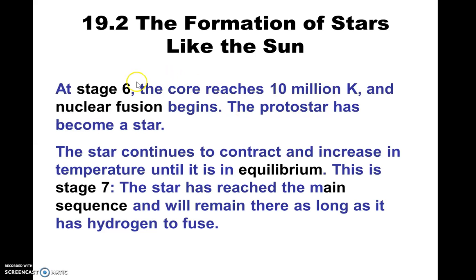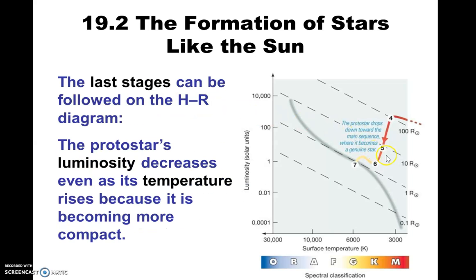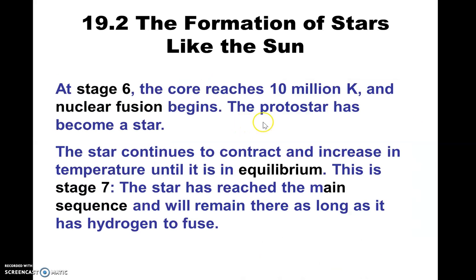So anyhow, in stage 6, the core reaches roughly 10 million Kelvin, and that is the point where nuclear fusion can take place. And so in stage 6, notice we're still just slightly off the main sequence. But that is the point where the protostar becomes officially a star.